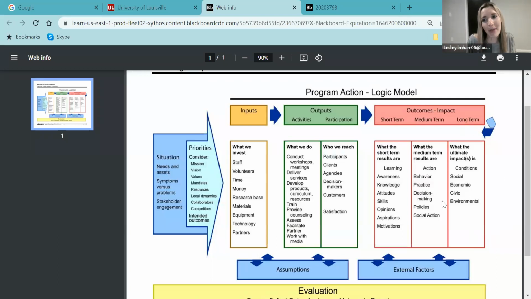And then the ultimate impacts are pretty lofty, but I like the way they're conceptualized in this example, because you want to think about them as, how do we want to change society? How do we want to change our community? How do we want to change our environment? So you want to think of these as increasing things and decreasing things.